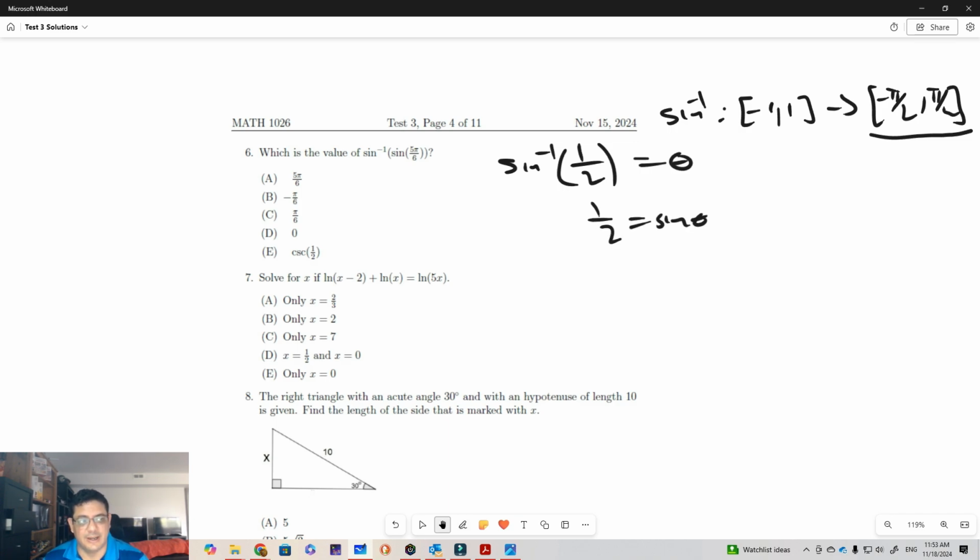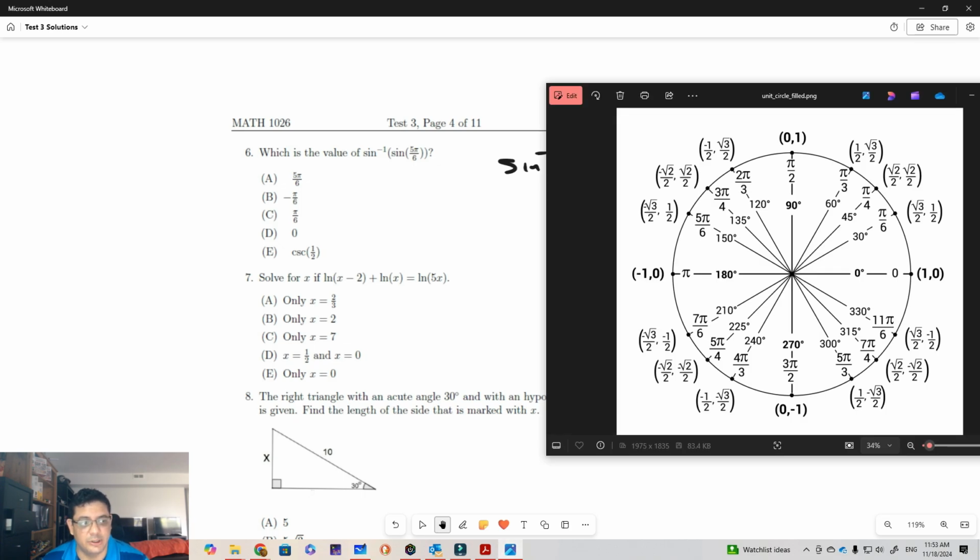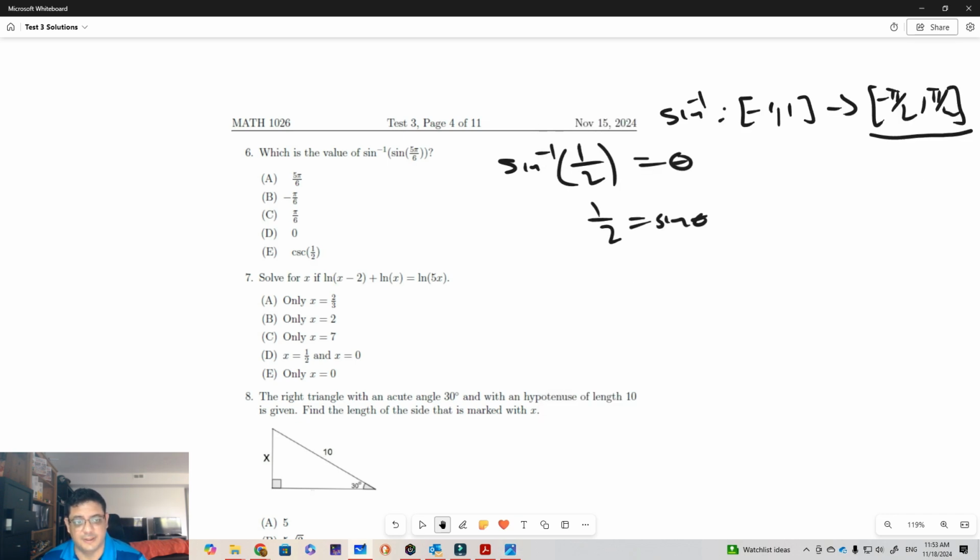But we know that this has to be in the first or fourth quadrant, because that's minus pi half to pi half. So we have to look for where the sine is 1/2 in the first quadrant, which is at pi over 6. So in this case, we find that theta is pi over 6, which is answer C.